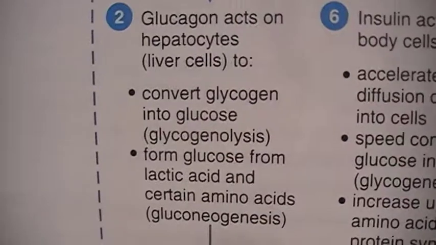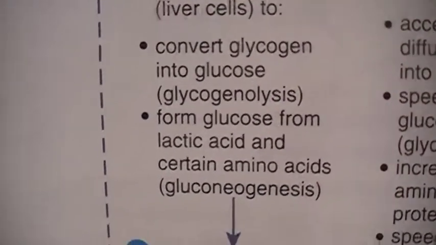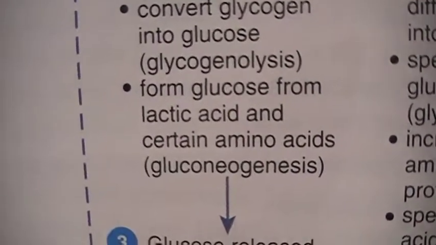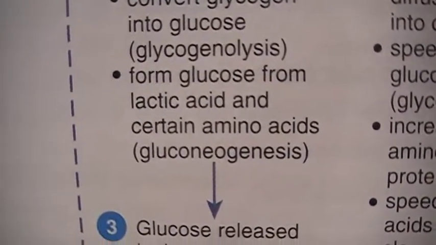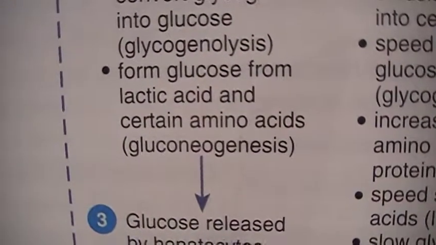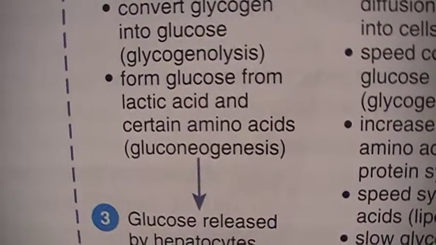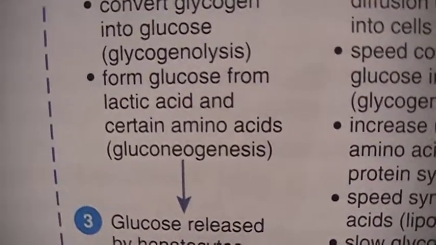The glucagon also acts on liver cells to form glucose from lactic acid and certain amino acids. This process is called gluconeogenesis.